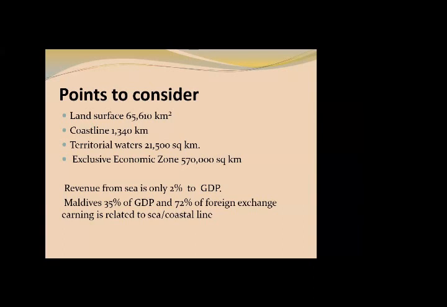If that small country can go up to 35% of their GDP by using the resource of sea or coastline, what if we double this? Or to that matter, if you go up to 10% of our GDP, you can see the amount of revenue that can come into our country. So the sea or the coastline around us is a huge potential and absolutely underutilized by us.